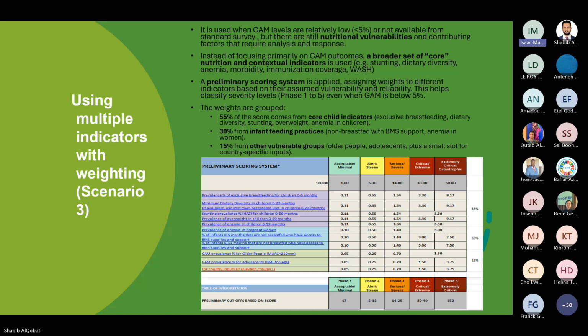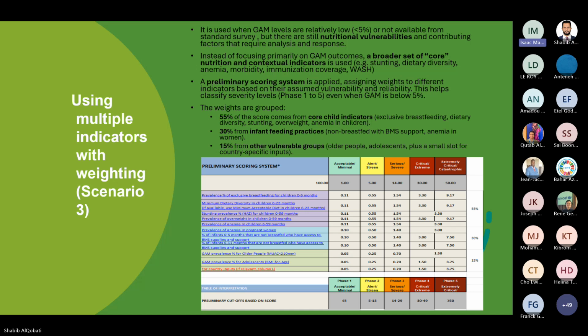In terms of this slide, we'll be looking at scenario 3 in the worksheet, which looks at using multiple indicators with weighting. Mostly, this is when the GAM levels are relatively low, less than 5%. We know scenario 2 is looking at GAM levels greater than or equal to 5%.